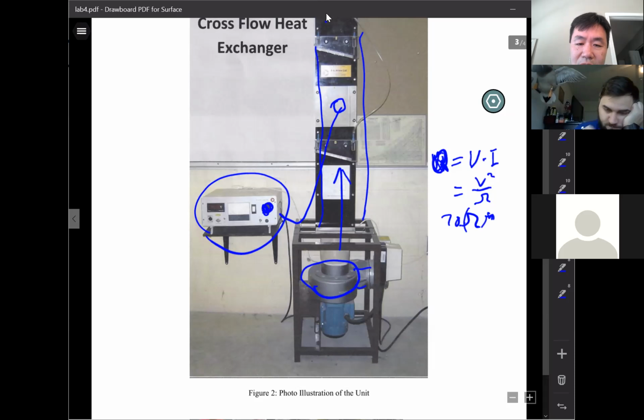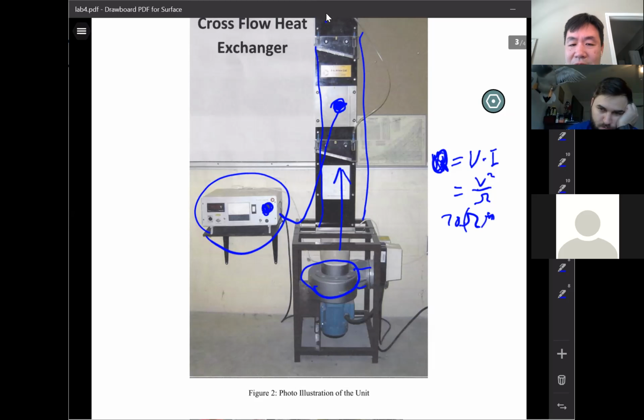The heat will go to the cylinder unit and hit the surface of the cylinder. The total heat generated to the cylinder can be calculated this way, and it will be transferred into the surrounding air.